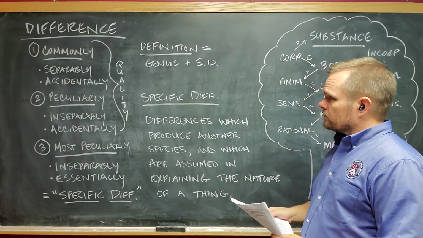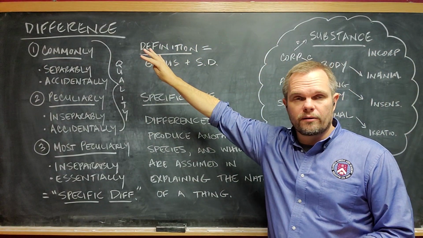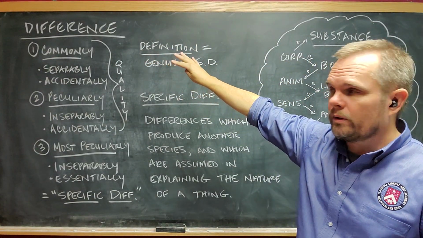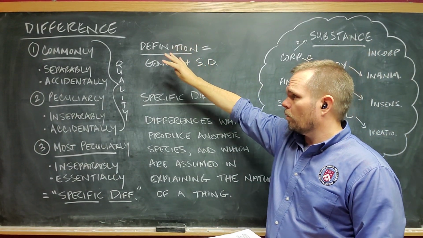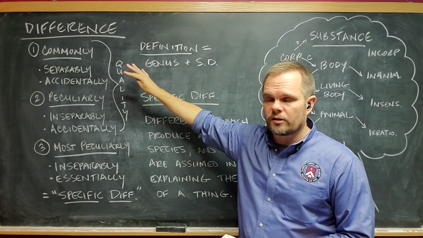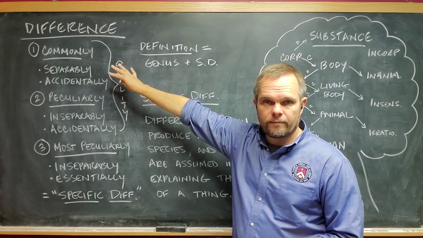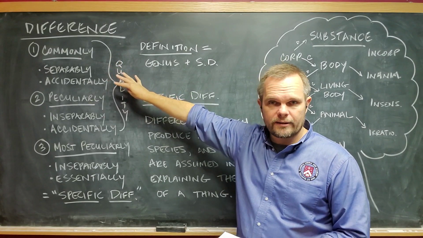So, in lesson 3, our topic is the 3rd predicable, which is difference. Porphyry explains to us that we need to be careful because difference is used in 3 different ways. It's used commonly with separable accidents.